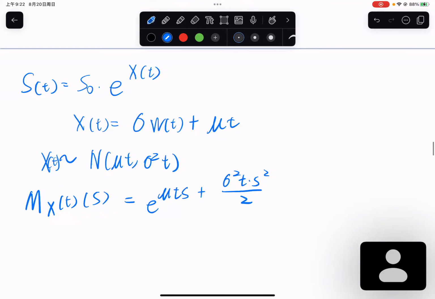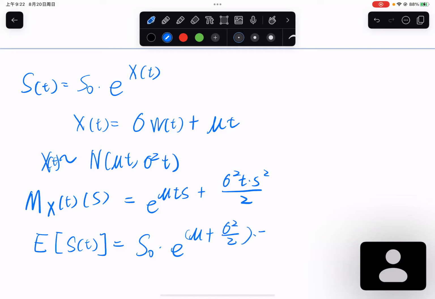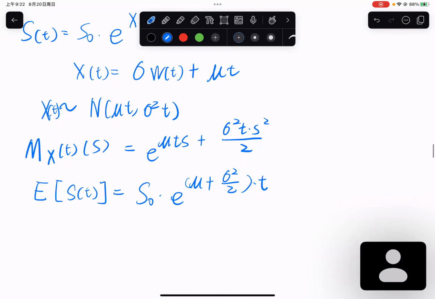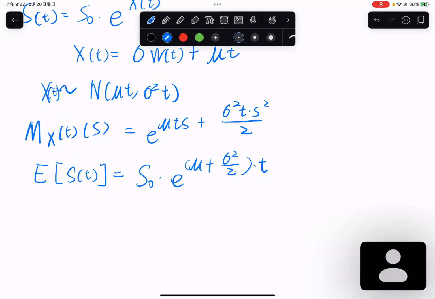And here we can easily find that the first order, which is the expectation of this St, is simply S0 multiplied by e to the power of, taking s as 1, mu plus sigma squared over 2 multiplied by T, right? And what is risk neutral?